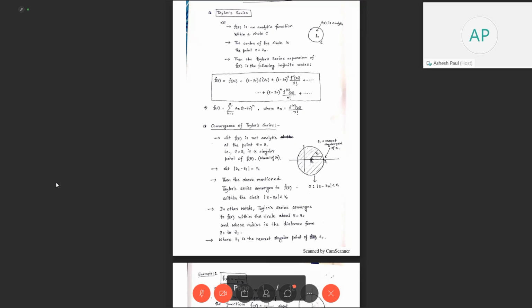The nearest singular point of z0 is z1, and we choose the region of convergence in such a way that z1 is excluded from it. That is, in the region of convergence, the function f(z) must be analytic. In the region of convergence, there is no singular point of f(z). All the singular points of f(z) should be outside of the region of convergence.